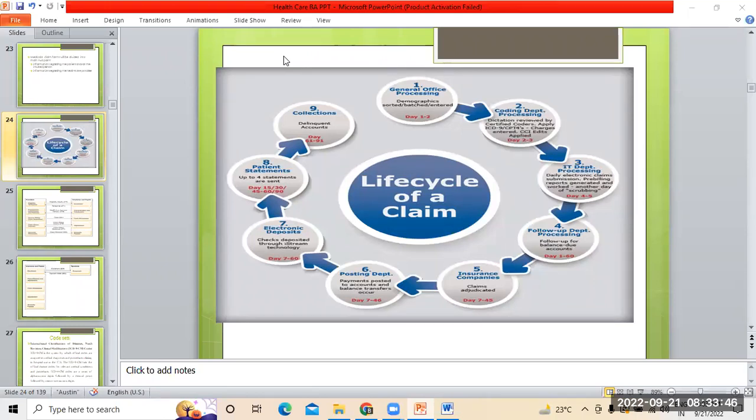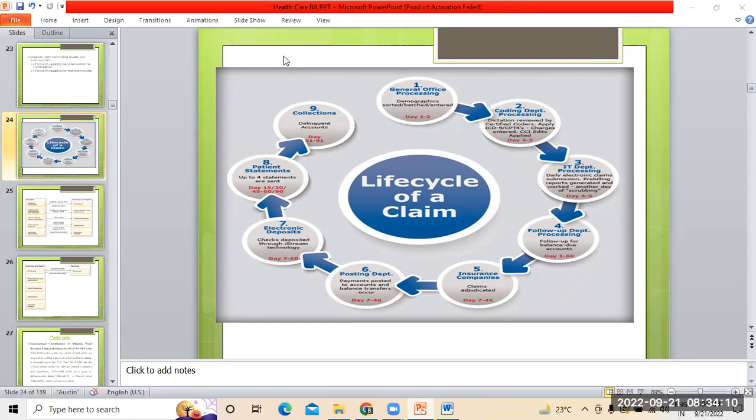the 9 steps. One is general office processing, second is coding department processing, third is IT department processing, followed by follow-up. Next, if there are any queries, the insurance companies will adjudicate on them. Next, it is sent to the posting department.